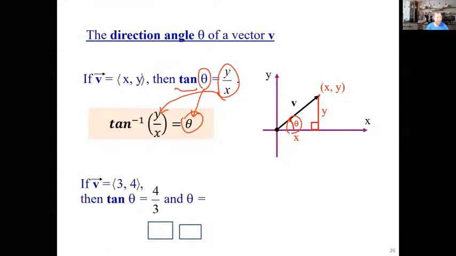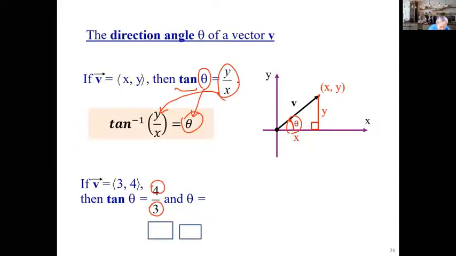If you are given the vector v, the component form is 3, 4, horizontally 3, vertically 4, then we know the tangent ratio of the angle of the vector v is 4 over 3. So vertical over horizontal, right? 4 over 3.